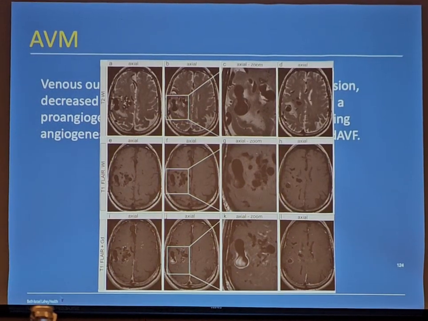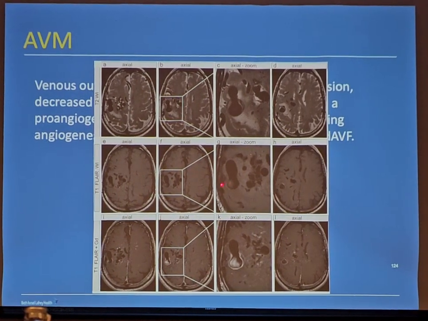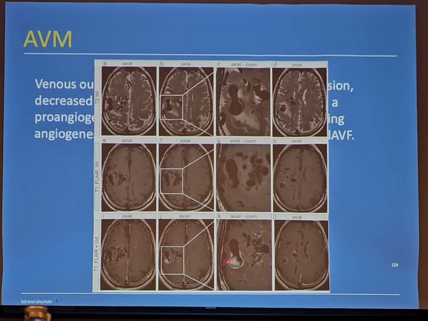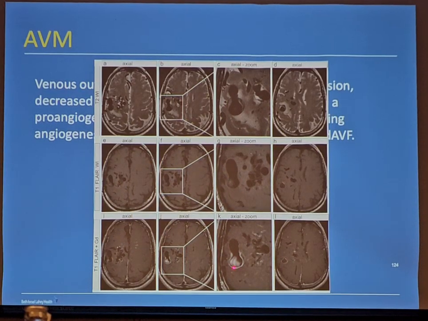Or look at AVMs. In AVMs, we have now identified that if you have local thrombus formation, then you will have enhancement within the wall. So in this case here, there's thrombus right here, in this outpouching. This is where the enhancement is, and this is where the edema is, which means that this point here is weak.